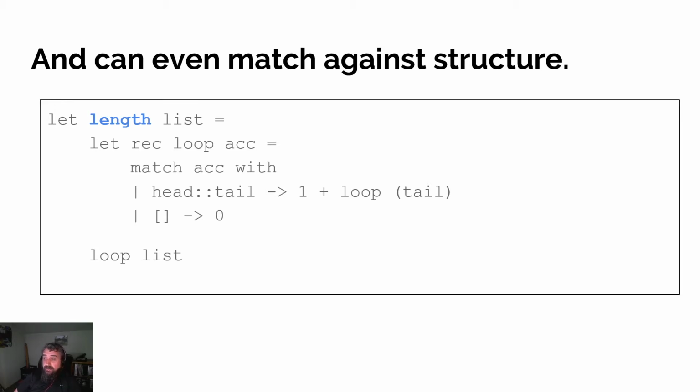So the first thing it does is call the loop function with the list parameter, right? It takes a list, and then that recursive function goes through there. As it defines that recursive function, it matches whatever it's called, ack in this particular case, but list would work just as well.